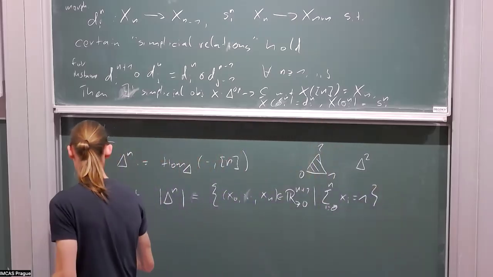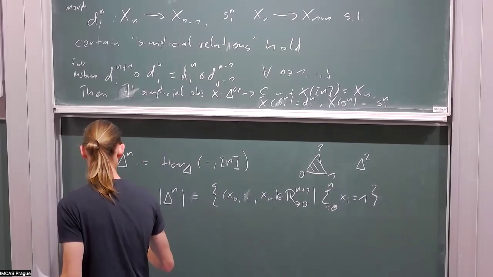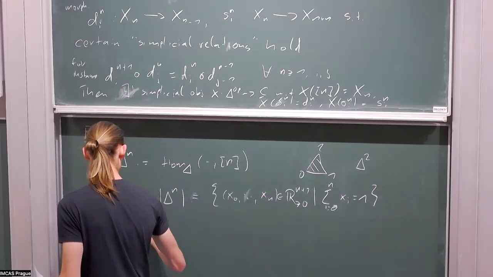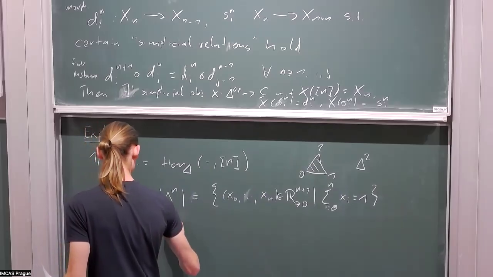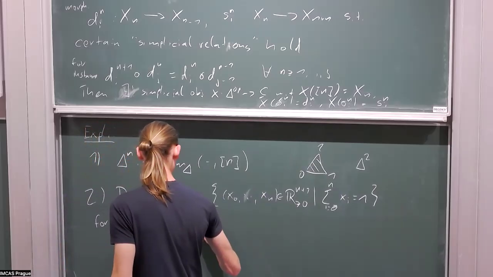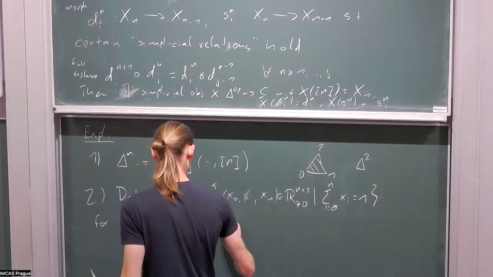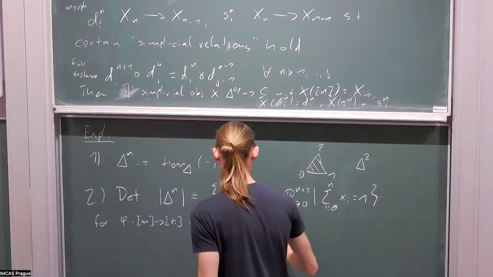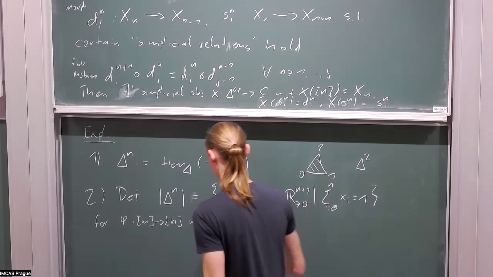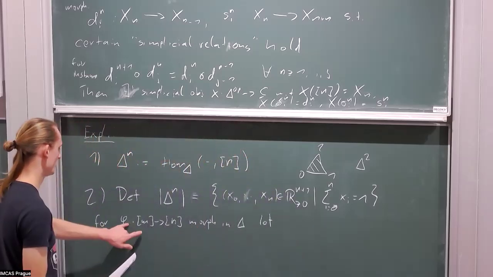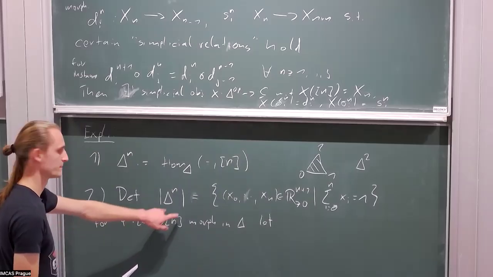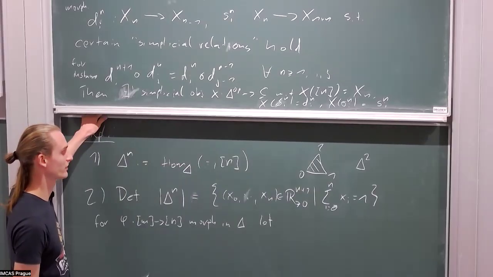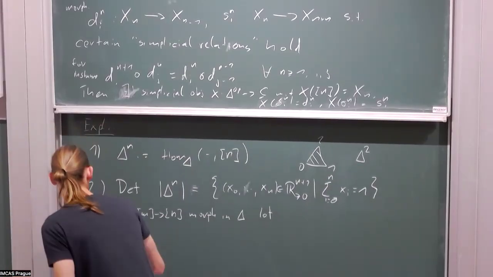And for a morphism from [m] to [n] in delta, I let phi. So the thing is, any monotone map gives me a continuous map from these geometric realizations, and they are defined as follows.